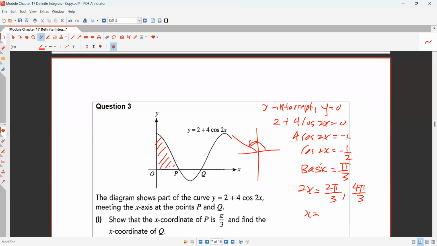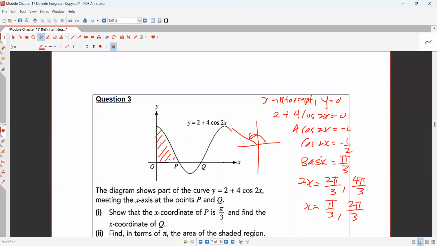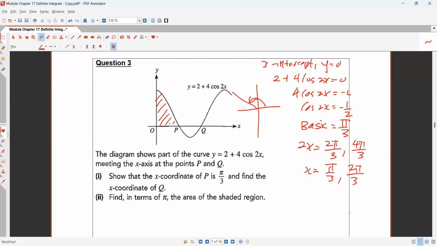And now I want x on it. So divide by 2 for both, so what do you get? Pi over 3 and 2 pi over 3. Yes, correct. So this will be the x coordinate for Q. So for P, the x coordinate is equal to pi over 3.